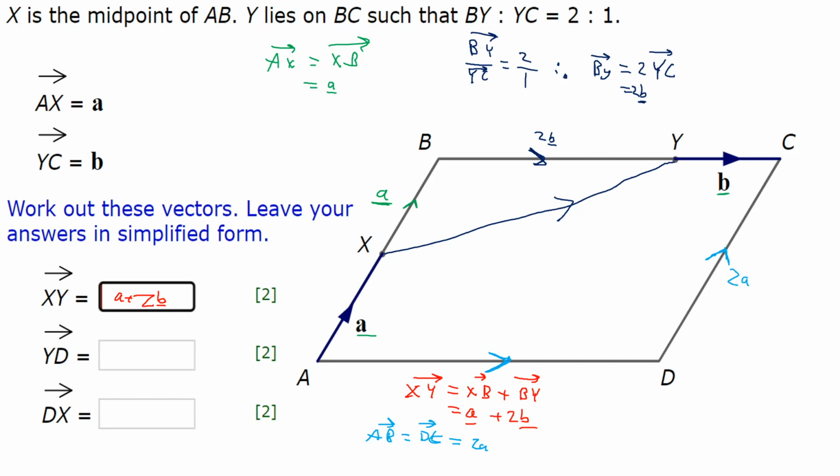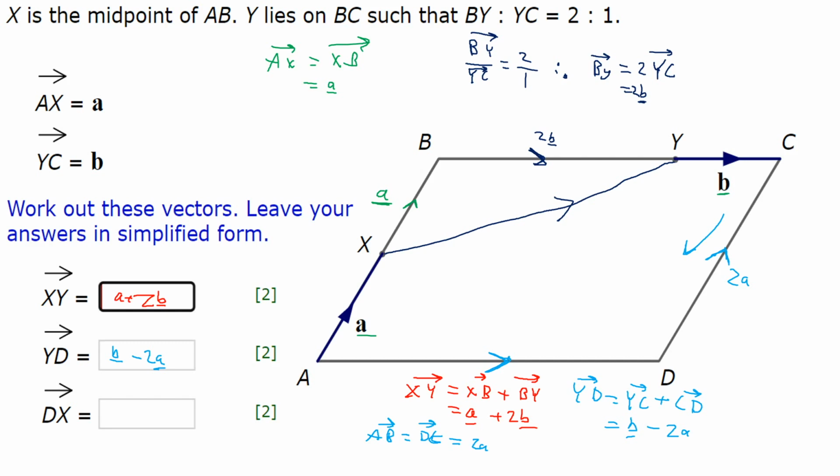And so therefore, YD is going to be equal to YC plus CD, which is equal to b plus, but this time we're going in the opposite direction, so it's going to be minus. Well done if you spotted that at home. And that's all we need to leave it as: b minus 2a.